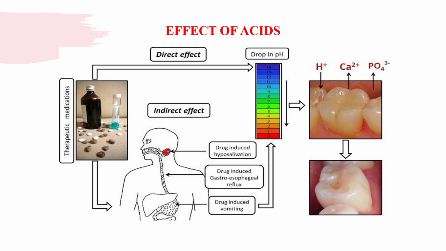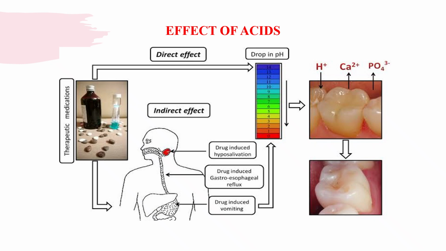Therapeutic medications can also lead to dentinal hypersensitivity. It has both direct and indirect effects. Some medications affect directly by causing a drop in pH and leading to demineralization of the tooth and in turn leading to sensitivity. The indirect effect is that some drugs induce hyposalivation.